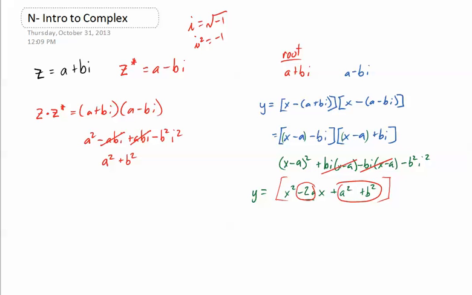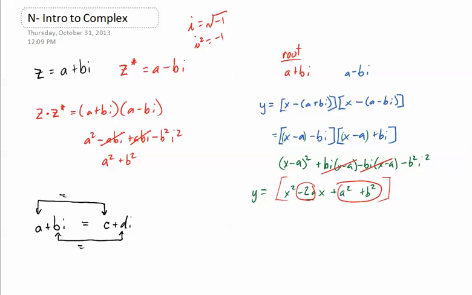All right? Now, the last little idea that I want to go over here is what makes two complex numbers equal. And this is actually fairly straightforward. If you have complex number a plus bi, and you have complex number c plus di, these two are only equal if the real part is equal and the imaginary part is equal.